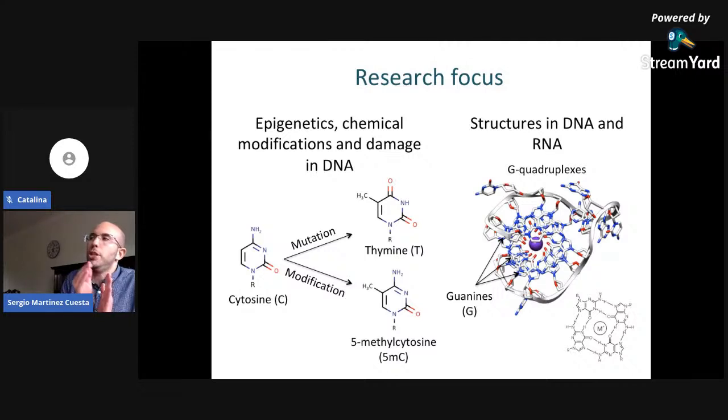So, for example, GGG, a triplet of guanines followed by a loop, and then another triplet of guanines, GGG, and then another loop, and then another triplet. Then that tends to form a 3D structure shown here. And here it is coordinated by a metal in the middle. And we're trying to investigate what is the function. So why do they appear, how are they regulated.